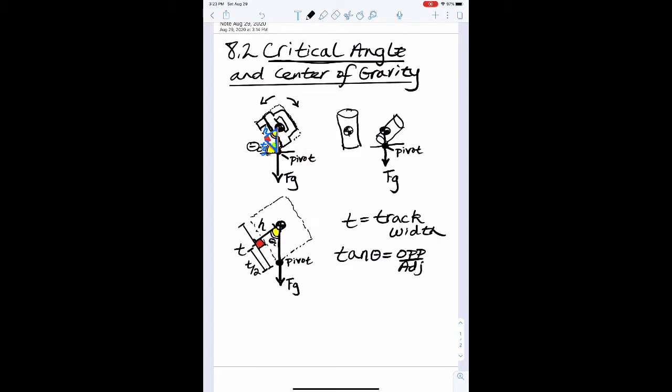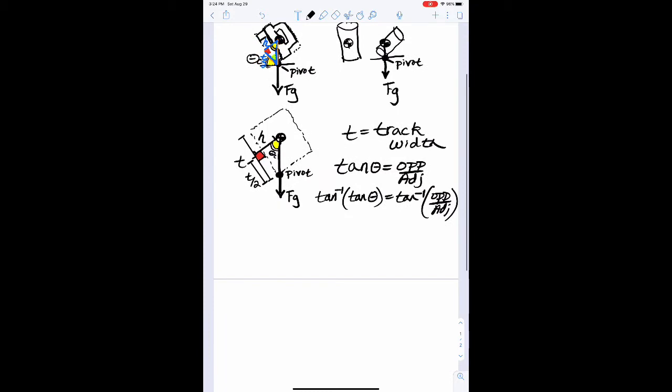And we learned last year that you can take tan inverse of both sides. The reason I'm bringing that up is because tan inverse eats tan, which leaves theta, and you get theta equals tan inverse of the opposite over the adjacent.